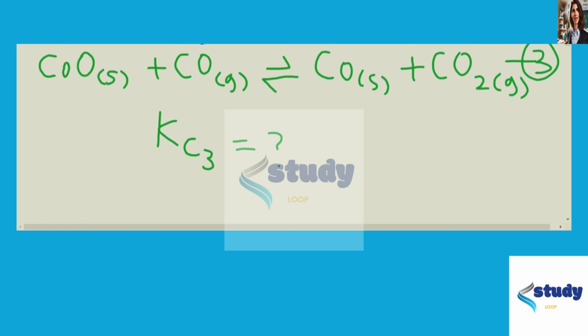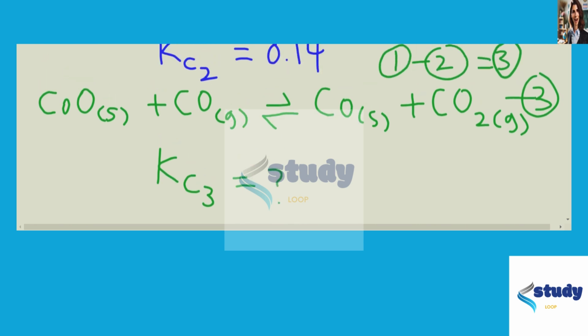And we are asked to calculate Kc3, which is the equilibrium constant for the third reaction. So because we know that we get the third reaction from 1 minus 2, we can translate that and determine that we have to divide Kc1 by Kc2 to get the value of Kc3.